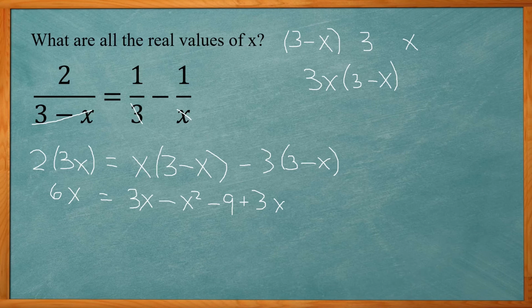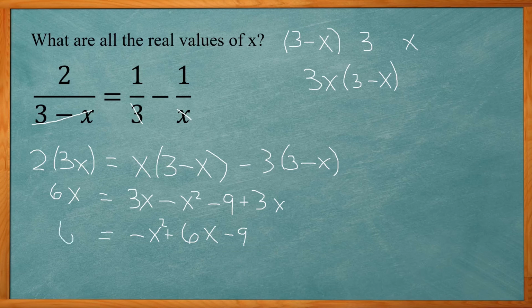Now my goal here is to get everything to the same side so I can try to solve for x. So I'm going to look on this right side. I got 3x plus 3x, so I can combine those to 6x. And I get negative x squared and minus 9.